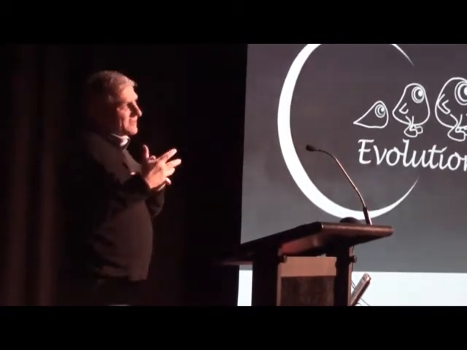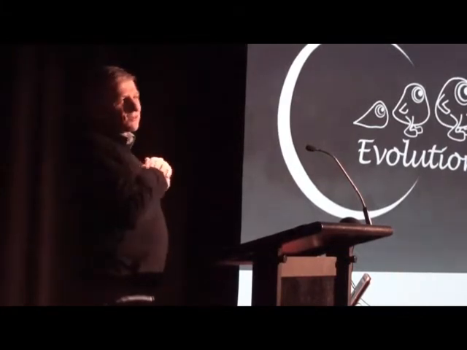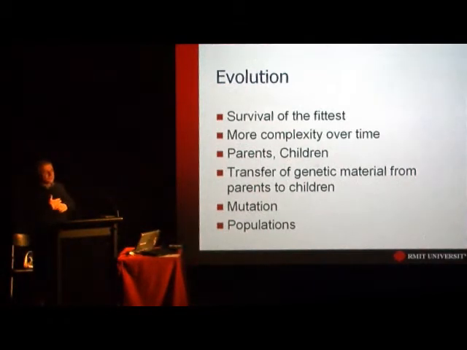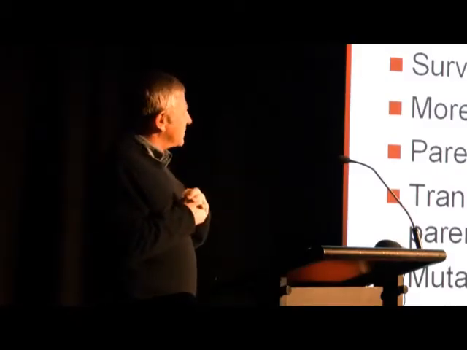And certainly from the first single-cell organism to where we are now is a fair degree of increase of complexity. The other notion that comes to mind with evolution is this idea of survival of the fittest. The fittest get to breed and pass on their genes to the next generation. Things get more complex over time.